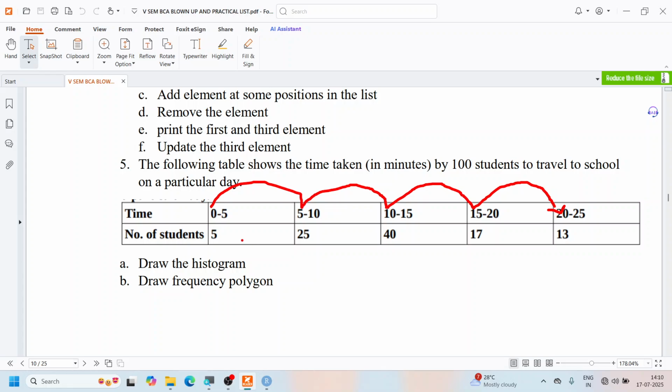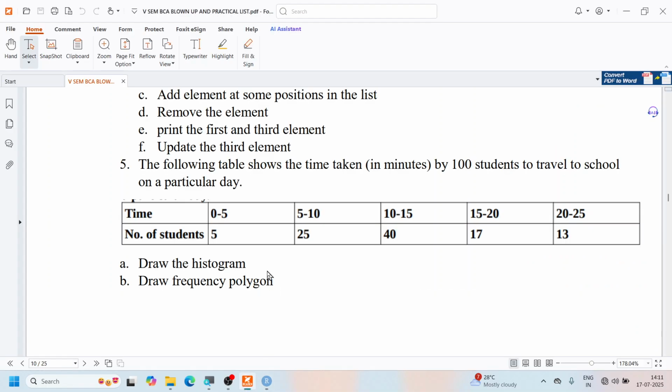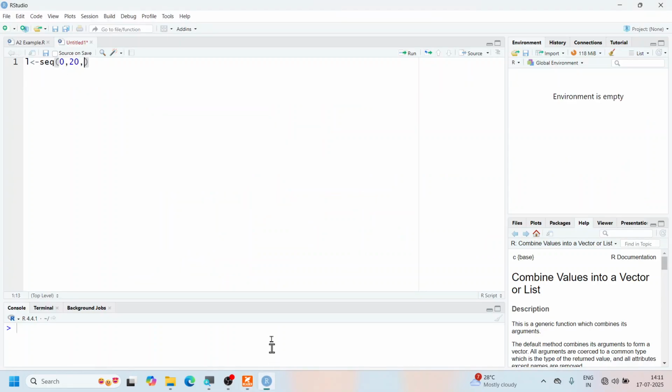Starting from 0 up to 20, so I'm going to type 0 to 20. Each one, as I've already told you, differs by 5. So each differs by 5. This is what I have here.